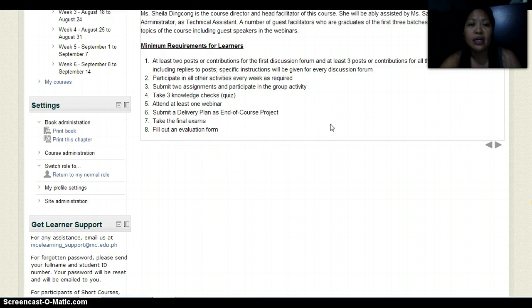Number 3, you are required to submit 2 assignments and participate in the group activity. So the last week of our training will be dedicated to group work. Number 4, you have to take 3 knowledge checks, or this is what we call quizzes in an online class.